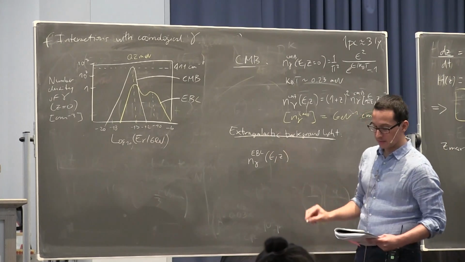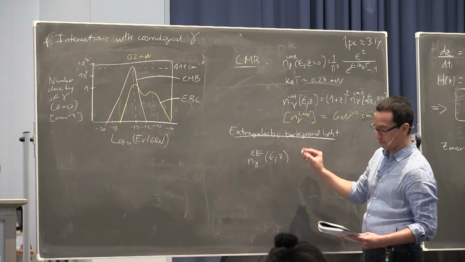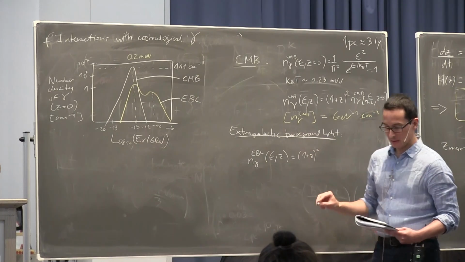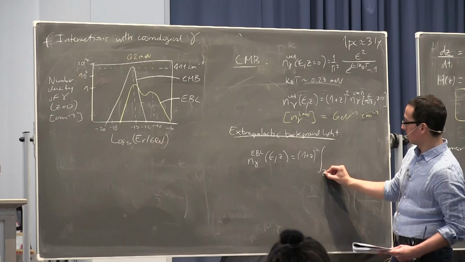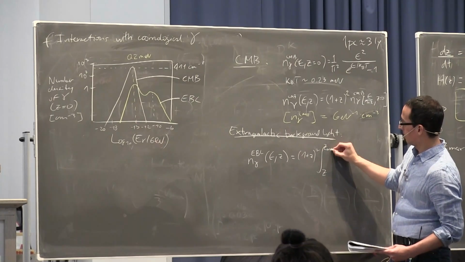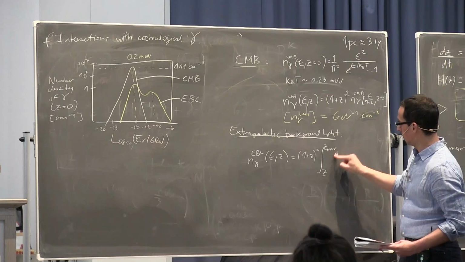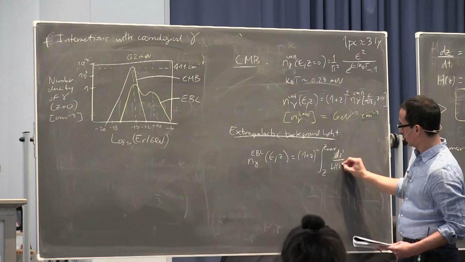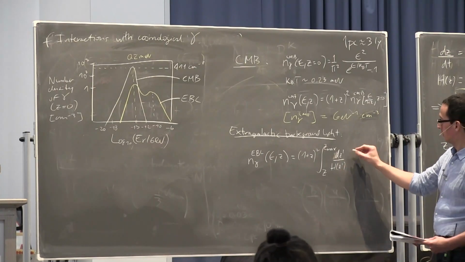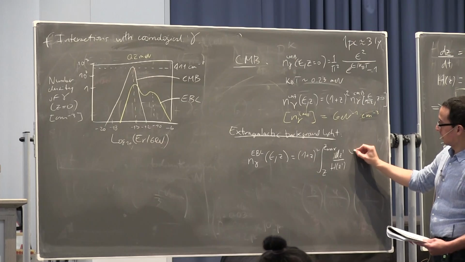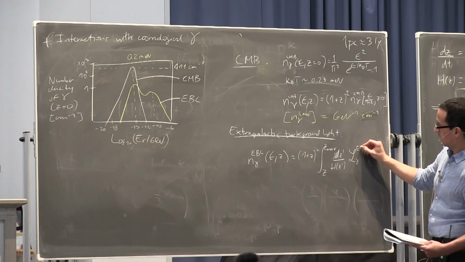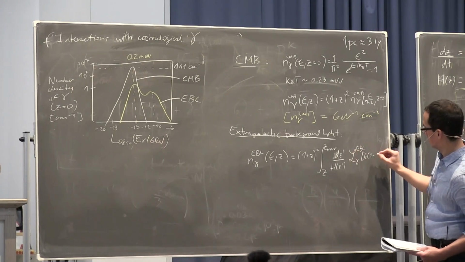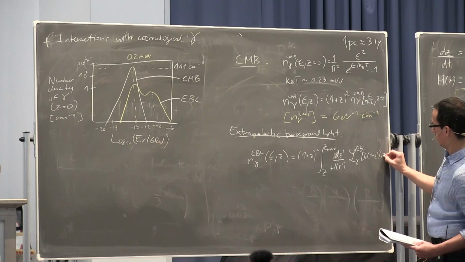But let me just write how it looks. The number density of EBL photons at a particular redshift will have the same factor, and it will be the integral of the injection of photons. This is just the Hubble factors here. The injection of photons at higher redshifts, and again, I need to redshift this.